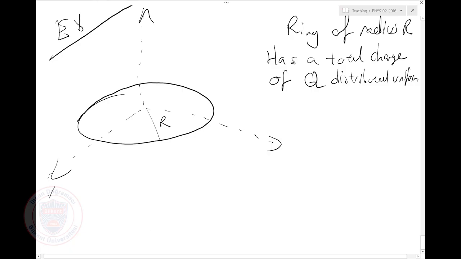And it's on the XY plane, with center at the origin.